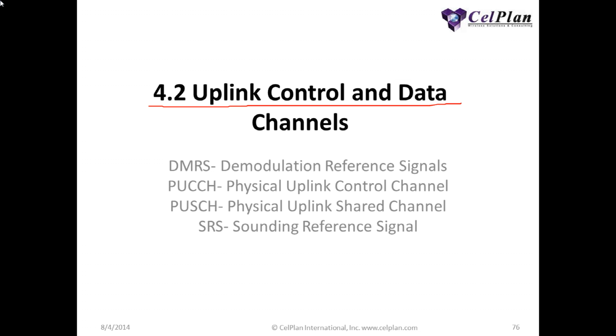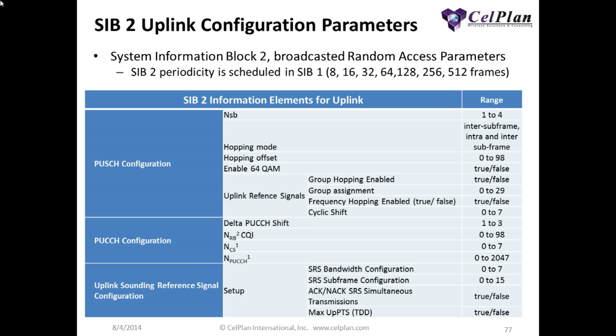Okay, so we will now speak about the uplink control and data channels, which are a little more difficult to understand than the downlink. There are several reasons for it: the UE doesn't have full control, so a lot of things are done based on decisions that are commanded by the ENB.